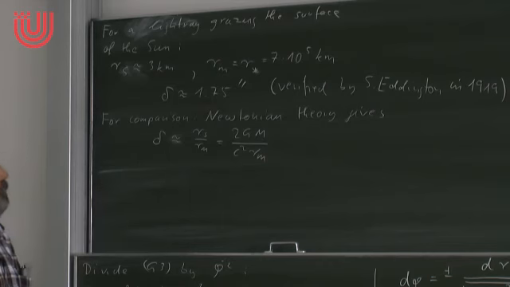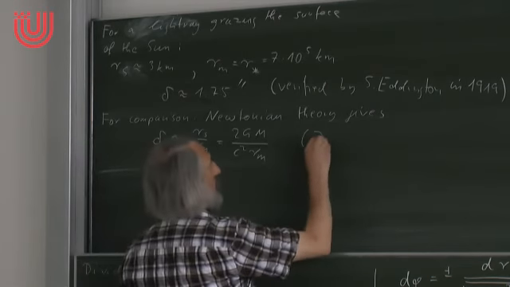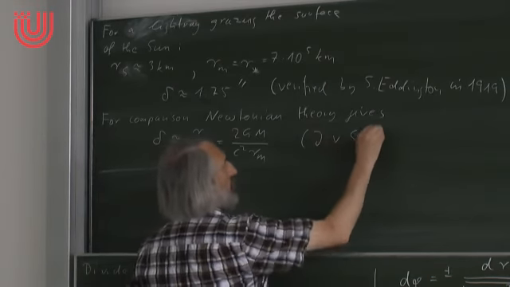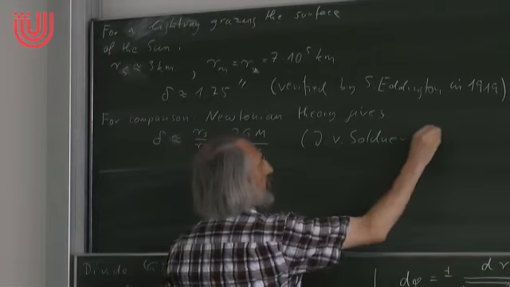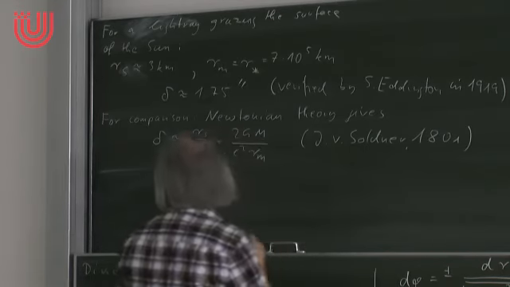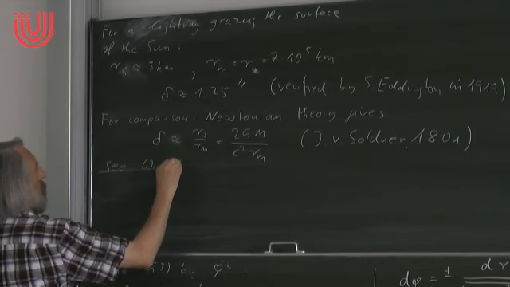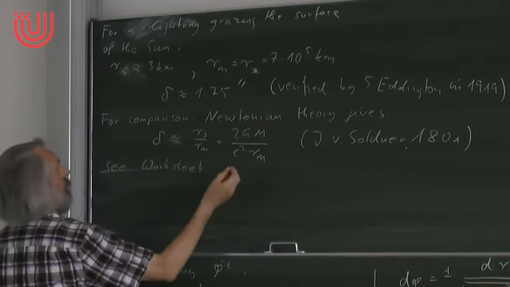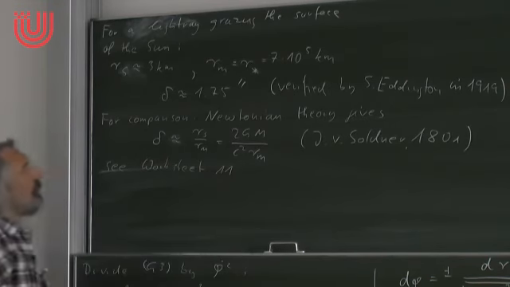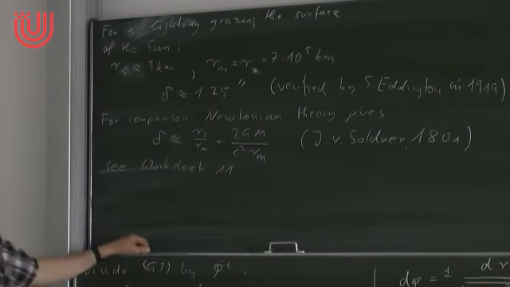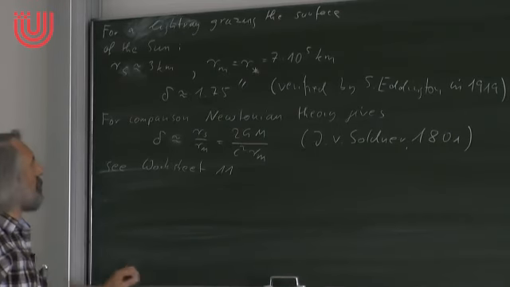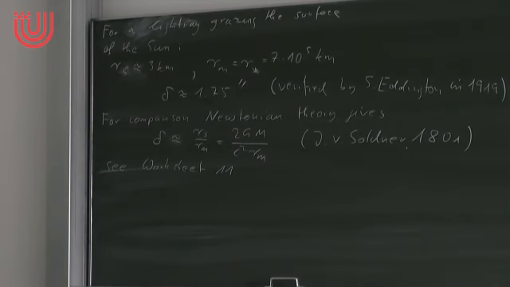So you get this formula, and this was found by Johann von Soldner in 1801. And the calculation will again be done in worksheet 11.